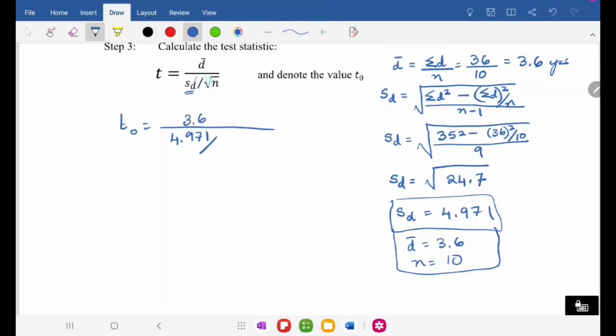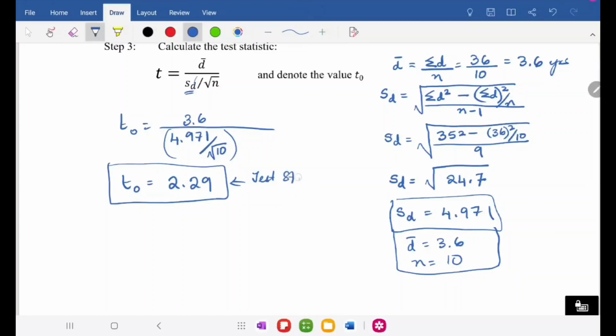Even though they are next to each other, there's a division sign in between, so write it a little bit below to remind yourself. T sub 0 should come to 2.29. That's our test statistic, or the evidence.